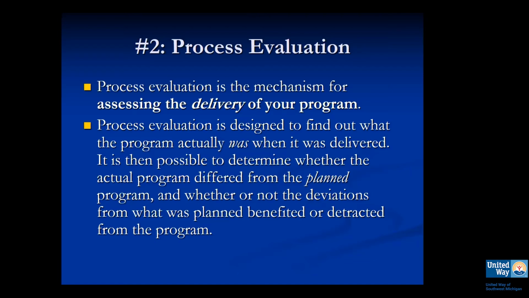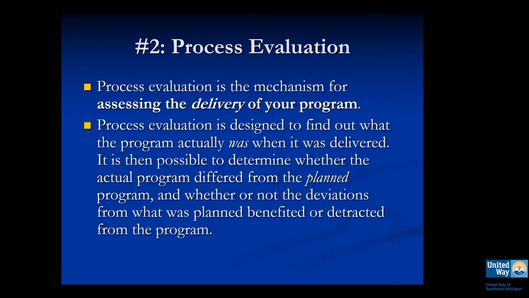So think of process as kind of like you're watching a movie and over time, you're seeing this movie go in front of you. That's the time that passes with your program and the kinds of activities that you're doing. And so periodically you are measuring the changes that are taking place as you're moving through time. Whereas think of an outcome evaluation as a snapshot at a point in time.